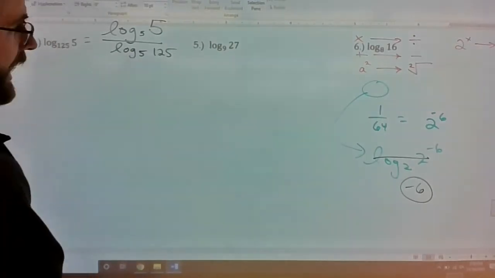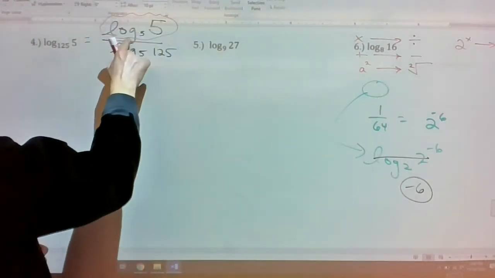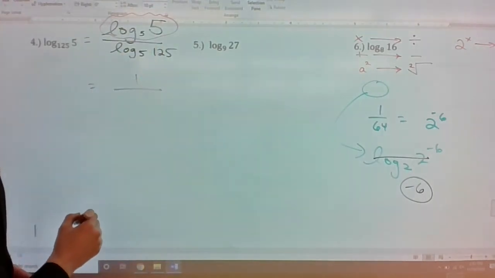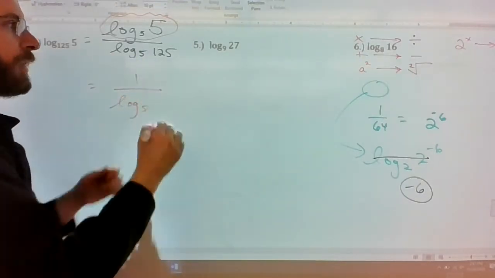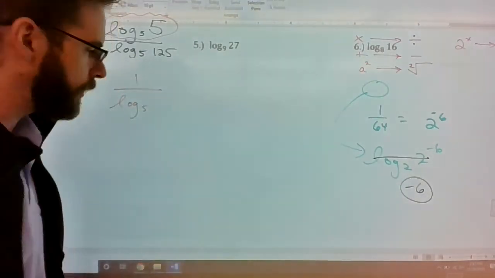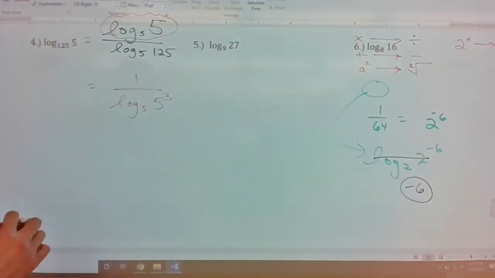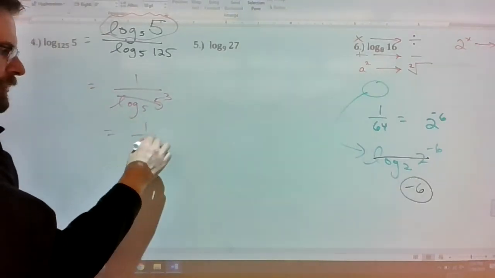And if you can do that, then you should be able to say, hey, I know what log base 5 of 5 is. It's 1. And then log base 5 of 125 is just 5 to the third power. And then these cancel each other out, and you're left with 1 over 3.